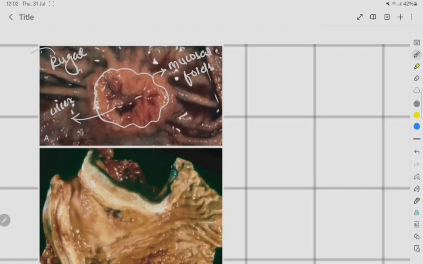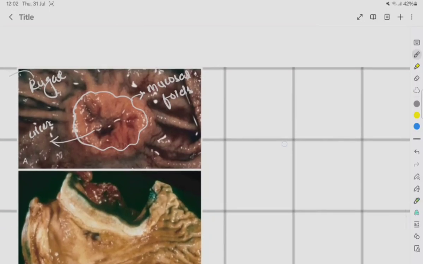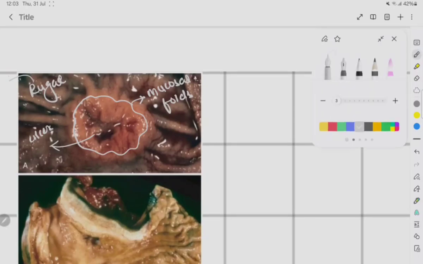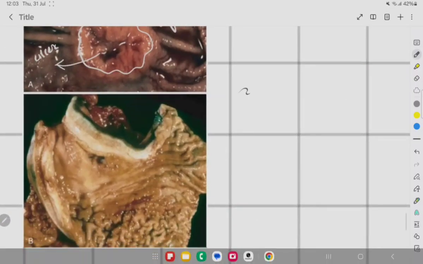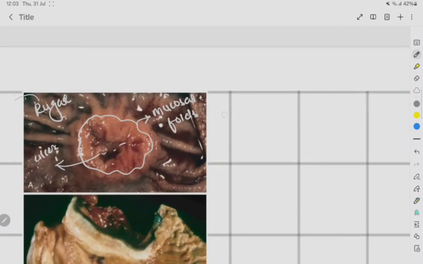This is the ulcer. Now you can notice that the mucosal folds are heaped up. The margins are heaped up, as in they are falling onto the ulcer. And this is important because I'll let you know in 1 minute. Just let me write it down. Yeah, there are heaped up margins.